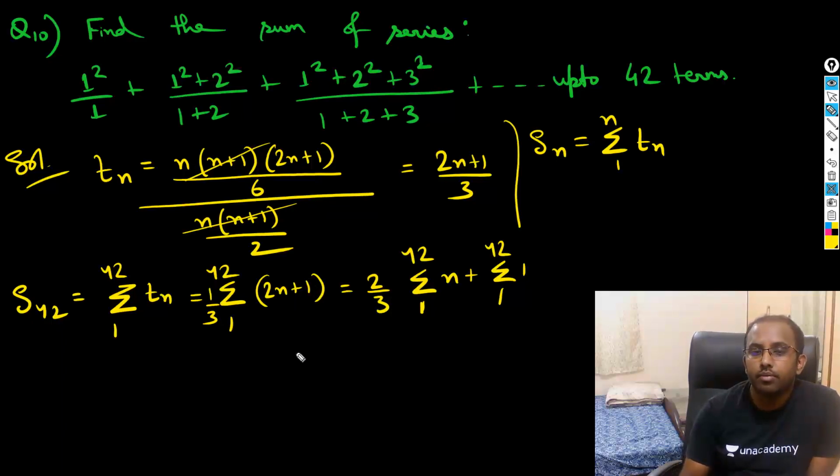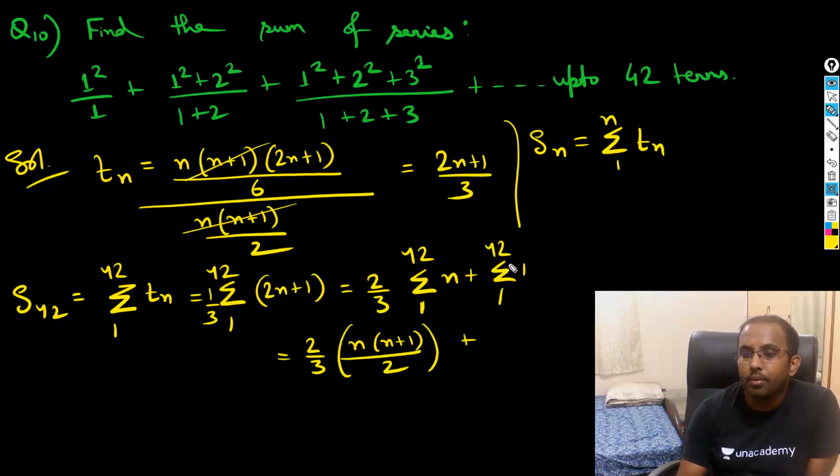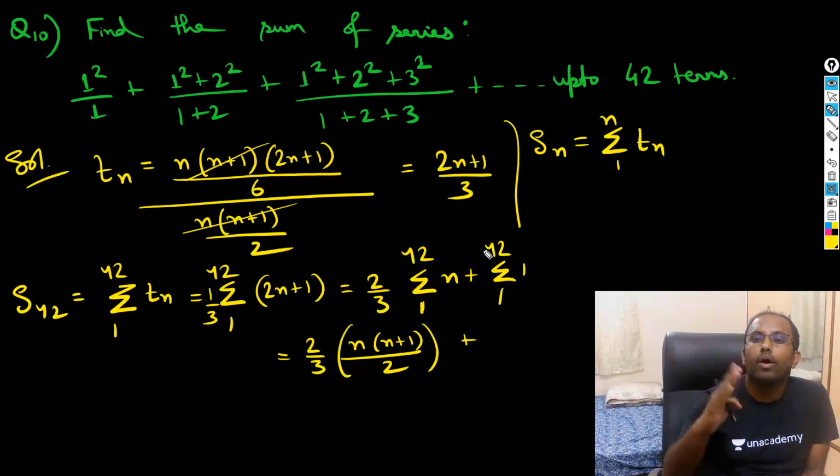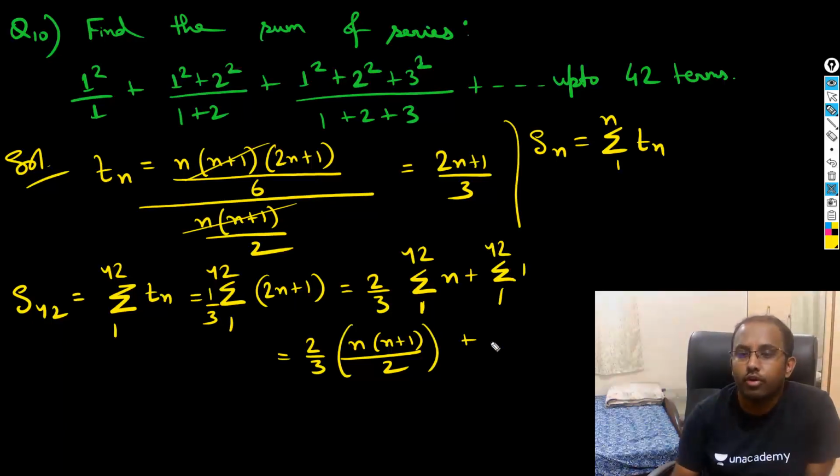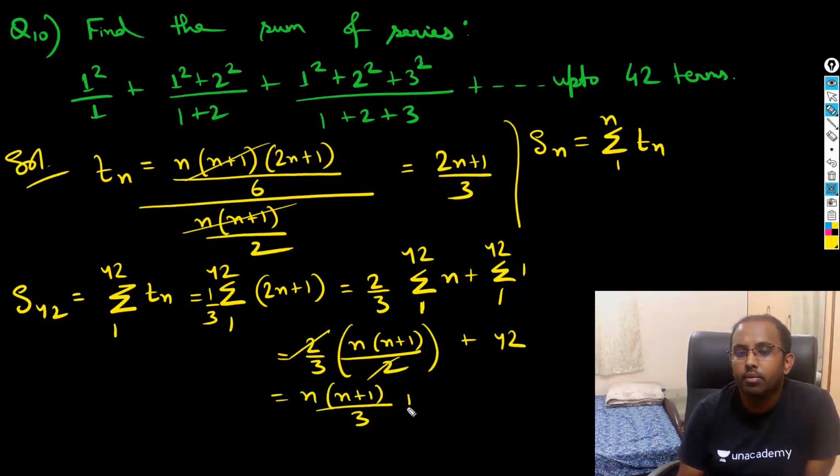So this becomes 2 by 3 into n into n plus 1 divided by 2, plus the summation of 1 from 1 to 42. Here 1 is added 42 times, that is plus 42. This 2 gets cancelled. It becomes n into n plus 1 by 3 plus 42.